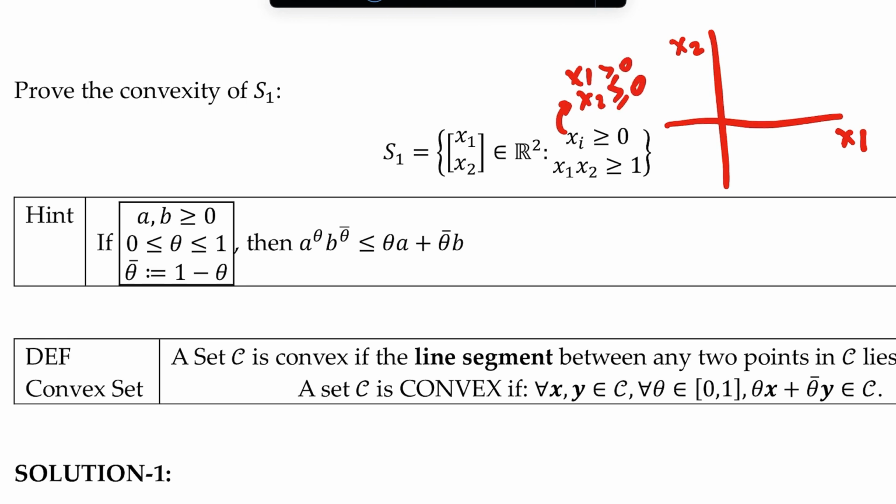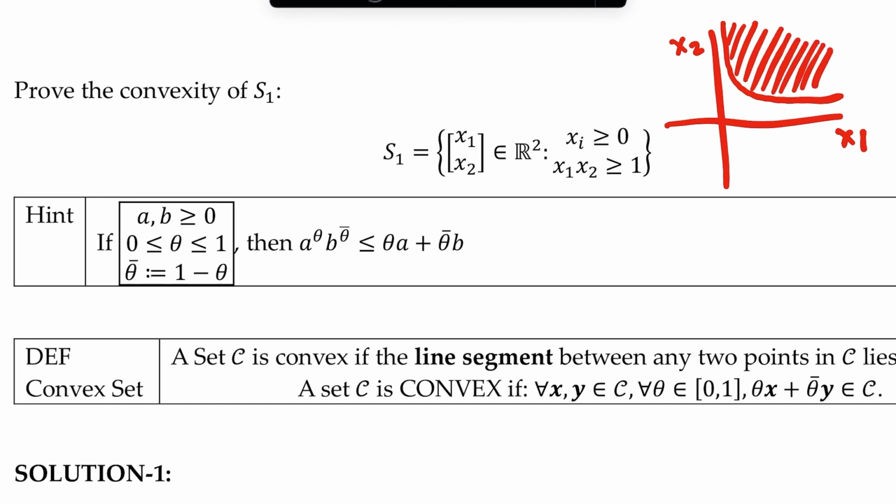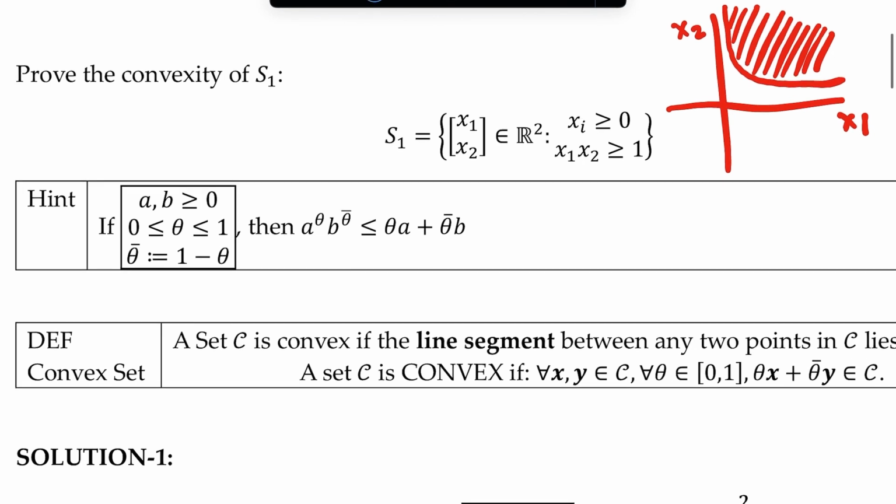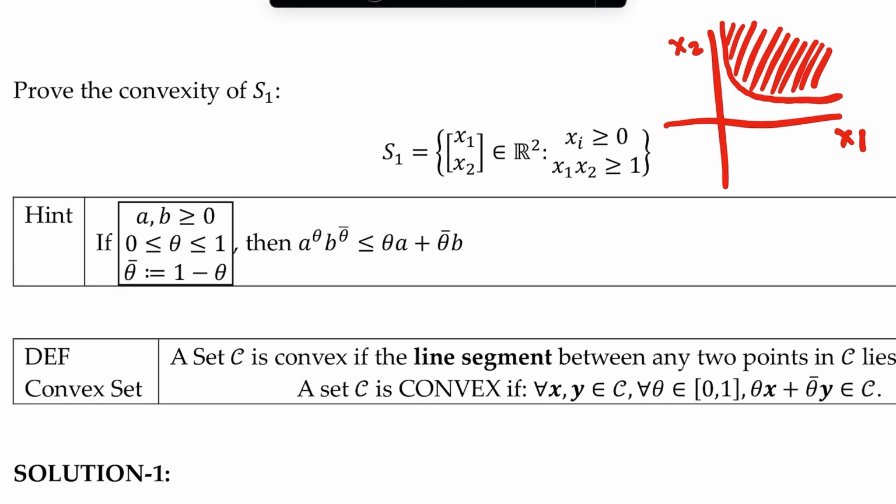So basically we have three constraints, and it should look something like this, right? And then anything right of that given boundary surface. Okay, so this set looks convex, of course, but we need to prove it algebraically.